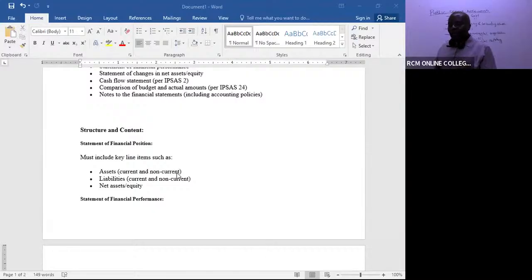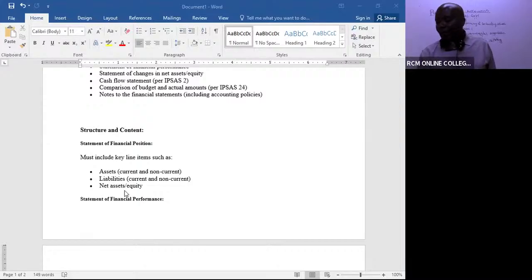We expect you to have a segment where you capture assets and classify them into current and non-current assets. Then we have liabilities, current and non-current. And then we have net assets. You must have those three key things.